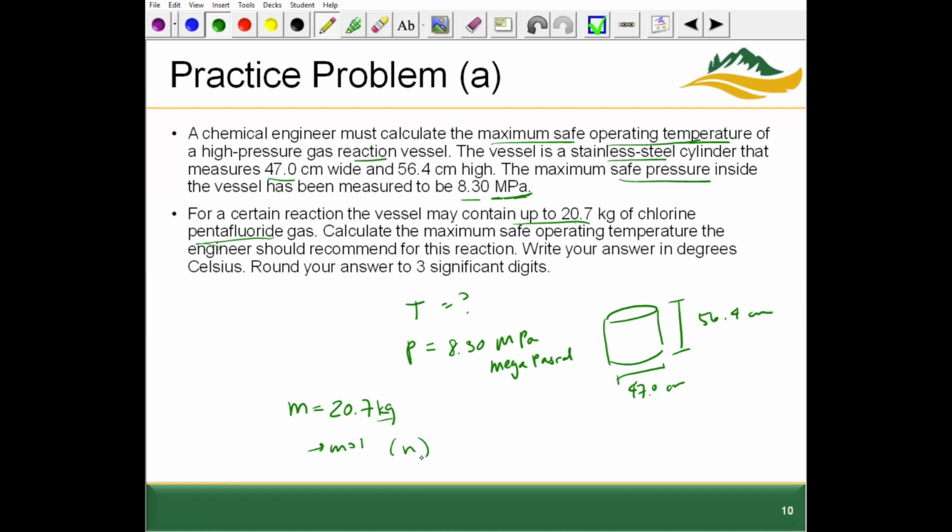We also don't directly have a volume, but we can figure that out based on the volume formula for a cylinder. Ultimately, we're going to solve for temperature here. So we have pressure, we can get number of moles and volume, then we'll figure out what gas constant to use, plug that into R, and ultimately solve for temperature. So let's get everything into the right unit to be able to solve for temperature.